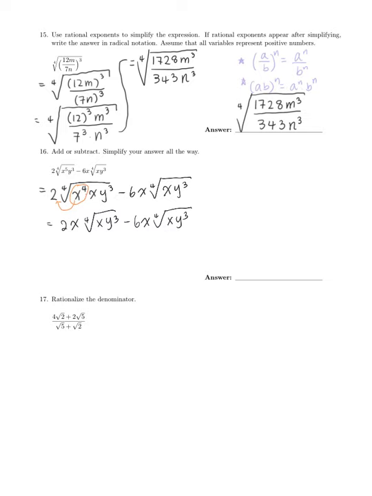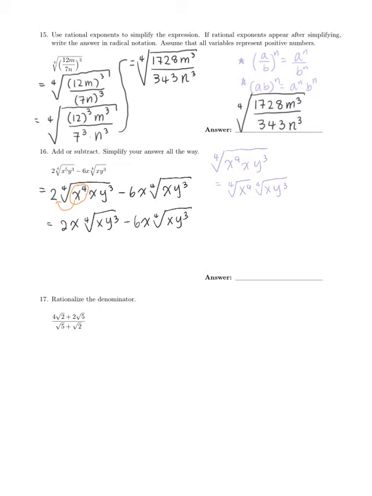So far so good. Now if you didn't catch that, put it this way. If I have the fourth root of x to the fourth times x times y cubed, this is the same thing as the fourth root of x to the fourth times the fourth root of xy cubed, by the way.